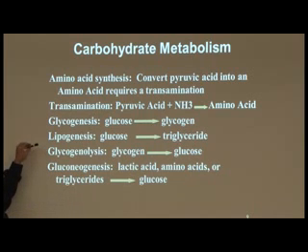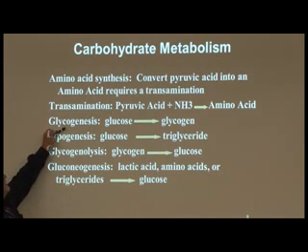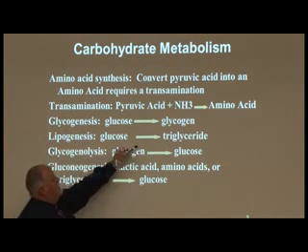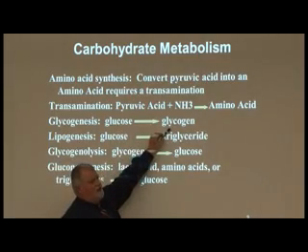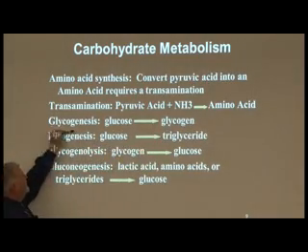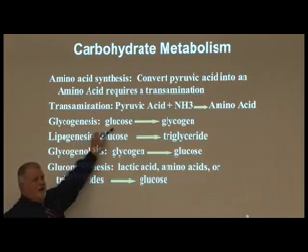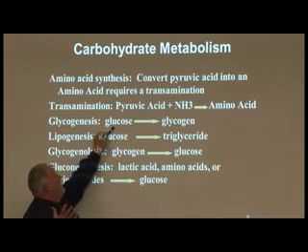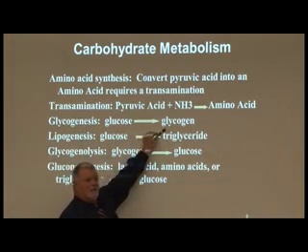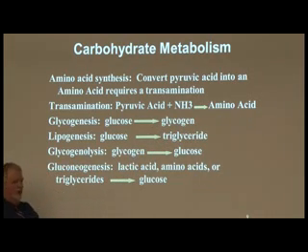So in glycogenesis, where glyco is a reference to the end product, which is glycogen, what we're going to do is take extra glucose molecules and convert them to glycogen. Then we have two sets of tissues in our body that are experts at doing that.